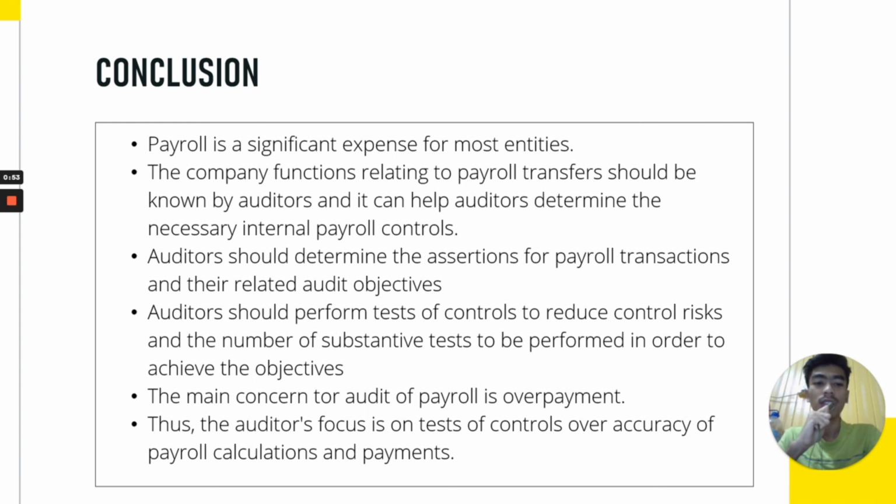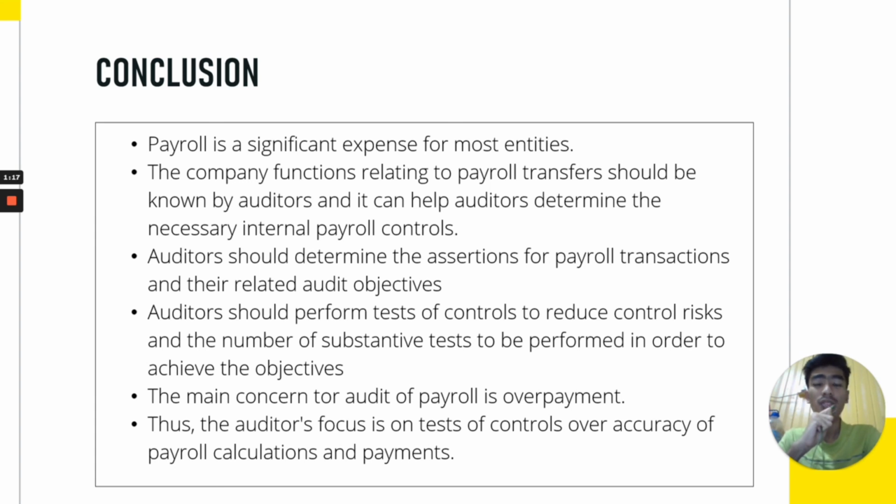In order to achieve these objectives, auditors should perform tests of control to reduce the control risk and the number of substantive tests to be performed in order to achieve the objective.